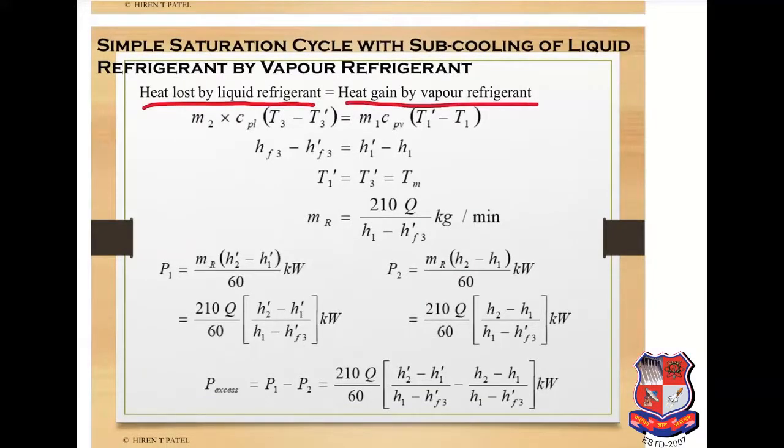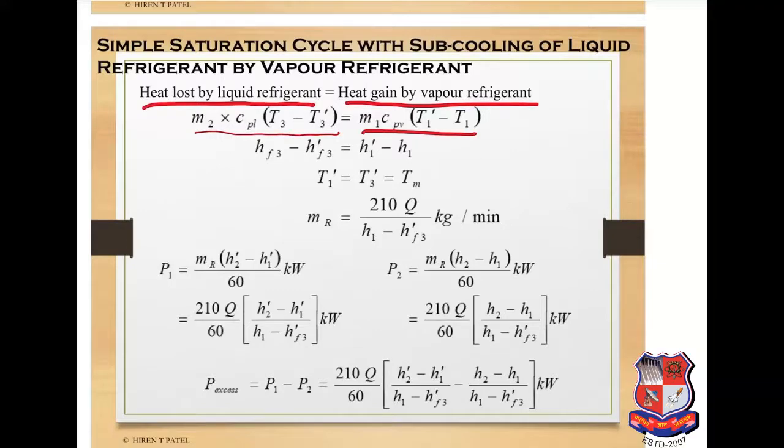So here again the heat balance, that is heat lost by the liquid refrigerant and heat gained by the vapor refrigerant. So heat lost by the liquid refrigerant is M2 into Cp (T3 minus T3 dash), with specific heat of liquid Cp, and M1 Cp (T1 dash minus T1). Both are equal.